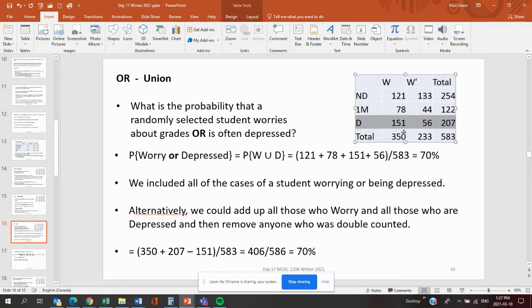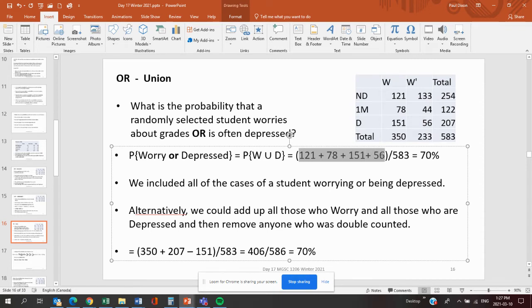So it's not an exclusive thing. I'm not saying you just worry or you're just depressed. I'm saying one or the other implicitly says also both. So I could just add them up. These 120 plus the 78 plus the 151, add in the 56. So here I am, the 121, the 78, the 151, and the 56. Add them all up, I get 70%.